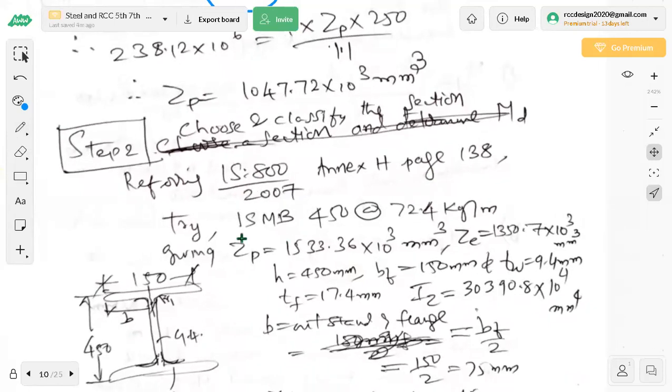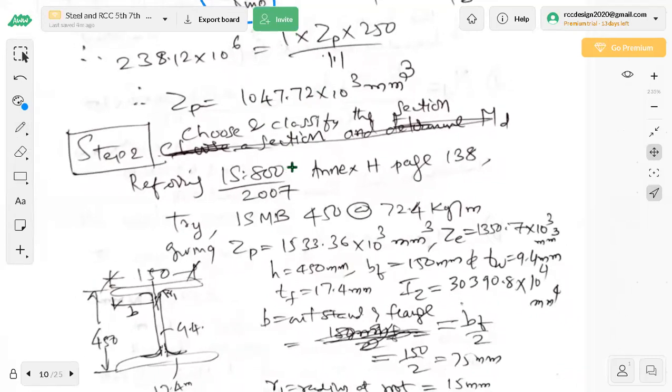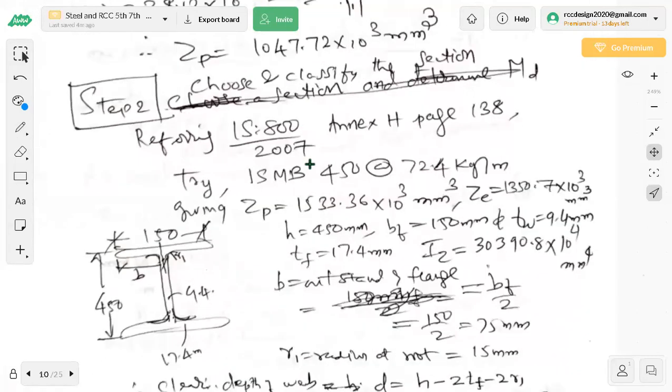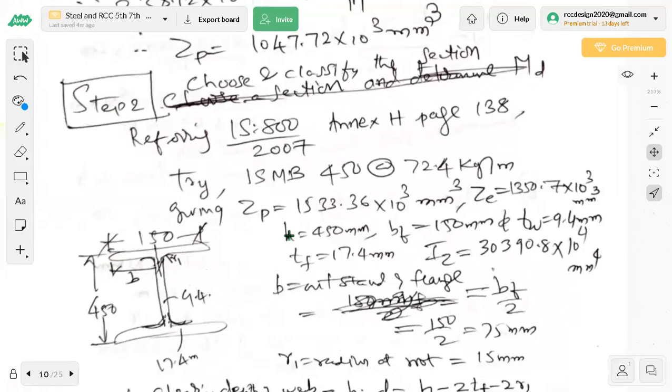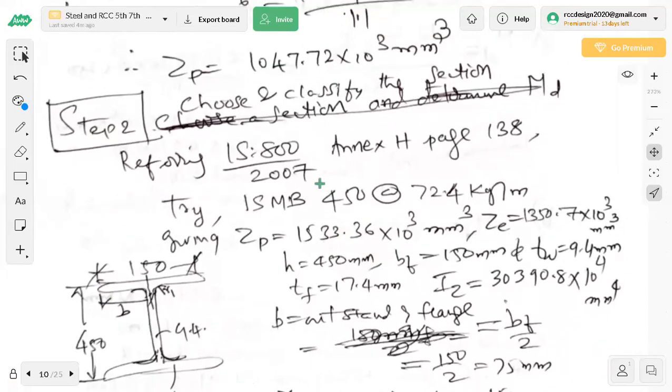In that, I started searching for ZP 1047.7 or any value very close to this. No value was available very close to this, so I went to the next nearest higher value, which was 1533.36. This section is available. It means there is no I section whose ZP is between 1047.72 and 1533.36.